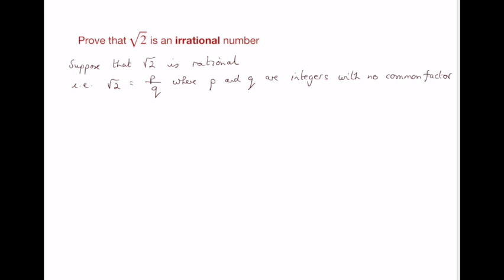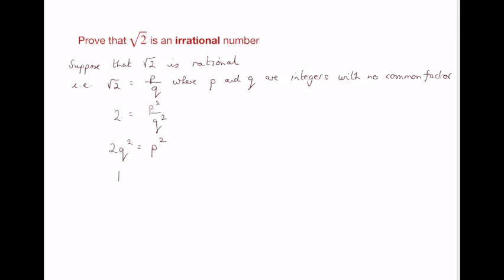Well, what we do now is we just play around with this expression algebraically, and the first most logical step is to square both sides to get rid of the square root. So 2 is p squared over q squared. The next most logical step is to multiply both sides by q squared, and we get 2q squared equals p squared.